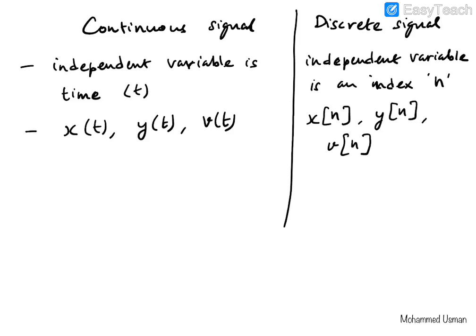So the distinction in the notation for continuous and discrete signals is that for the continuous signal, we would more often than not use time as the independent variable, denoted within rounded brackets or parentheses. And for the discrete signal, the independent variable is an index, a number, denoted within square brackets, and n can take only integer values.